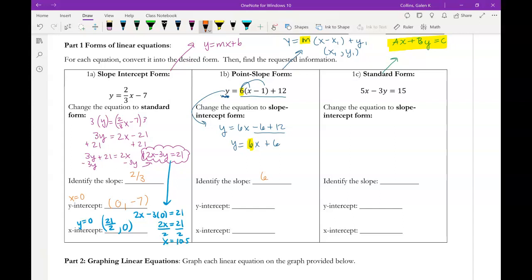Our y-intercept we can't see easily in point slope form unless we substitute 0 for x there, right? But looking in our slope-intercept form, we can see our y-intercept. So our y-intercept is the ordered pair (0, 6).